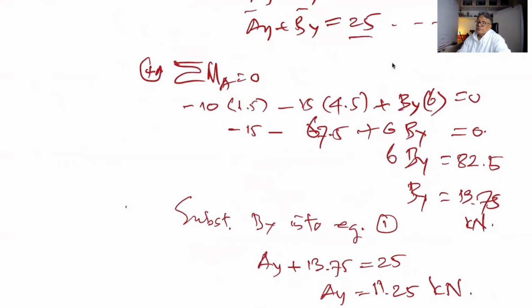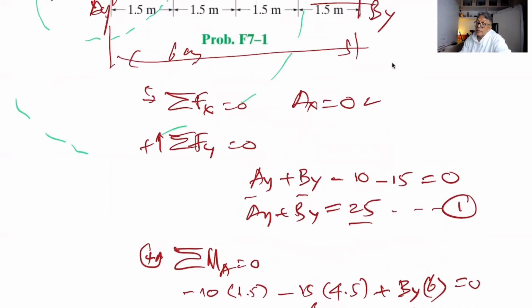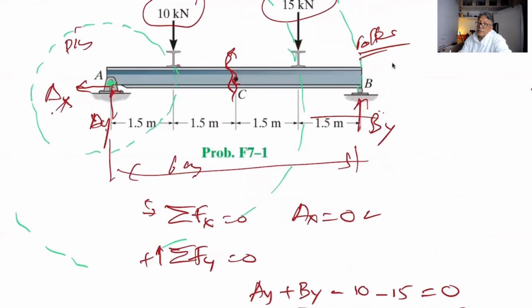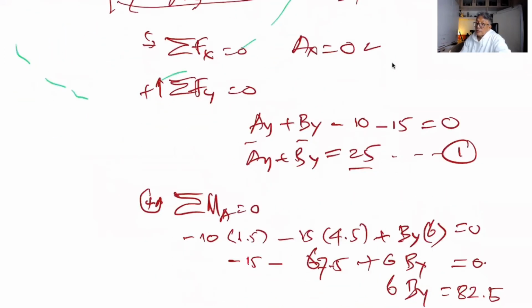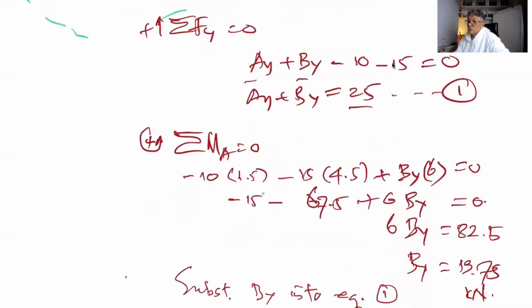So look, minus 10, this is this way, clockwise, so minus 10 and then the length is 1.5, and then minus 15 multiplied by this length, 4.5, and then plus 6 BY equal to 0.